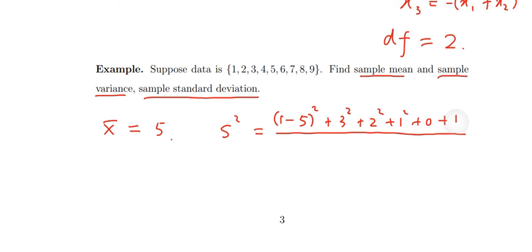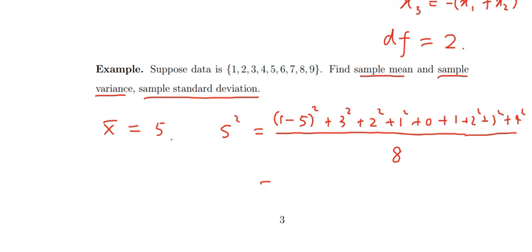Then 6 minus 5 squared is 1, 7 minus 5 squared is 2 squared, then 3 squared, 4 squared. Okay, so divided by 8. Here n is 9. We have 9 numbers, but we should divide by 8. So this is the sample variance.